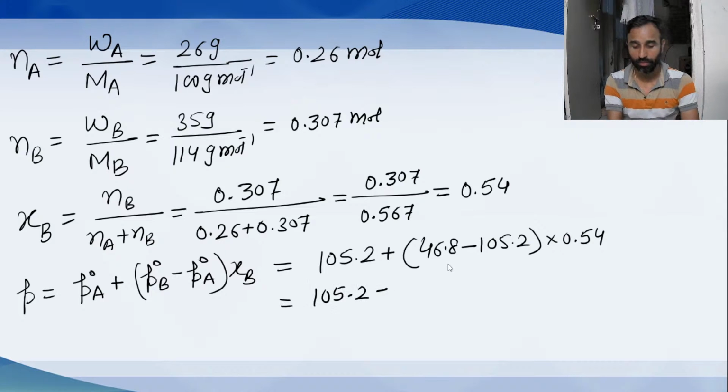Now it is 105.2 plus 46.8 minus 105.2. It is minus 58.4 into 0.54, multiplied by 0.54 comes out to be 31.536.